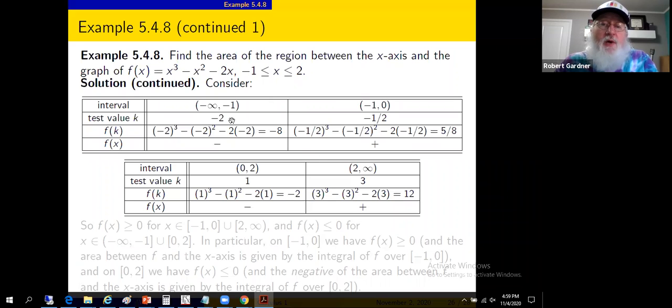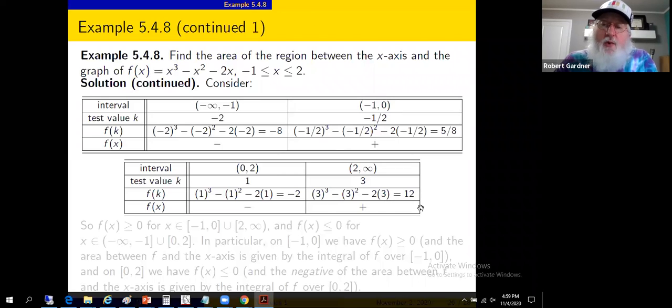All right, so that produces these 4 intervals, removing 3 points. We'll take a test value. We're lucky I only need a fraction in one of those, -1/2, in that interval from -1 to 0. Plug it in and see if the output of the function is positive or negative. I get a negative at a point, so that function's negative throughout this interval. I get a positive at a point, 5/8, so the function's positive throughout this interval.